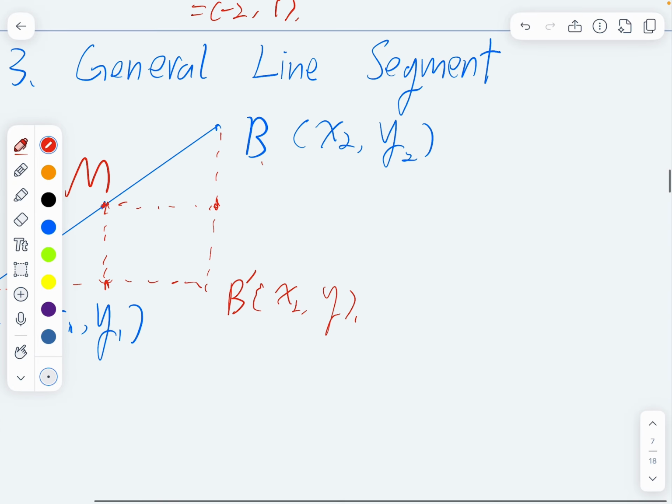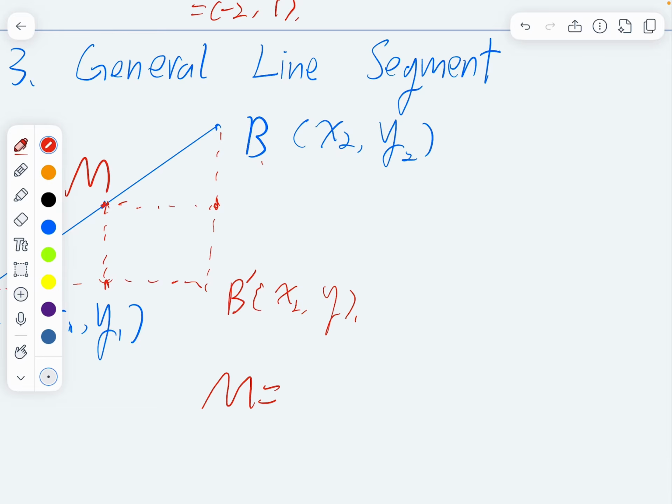So now we can give a formula here. The midpoint M is (x1 plus x2) over 2 and (y1 plus y2) over 2. That is, both the x and y change.